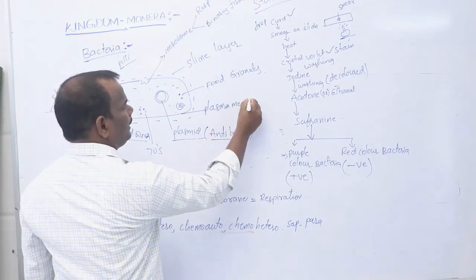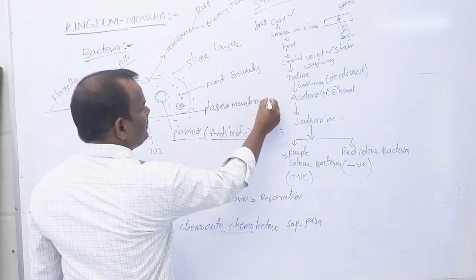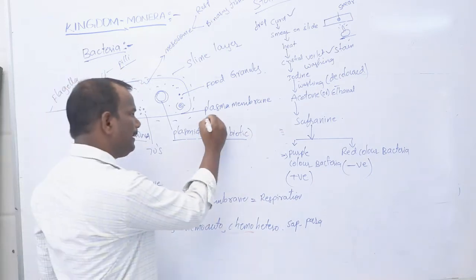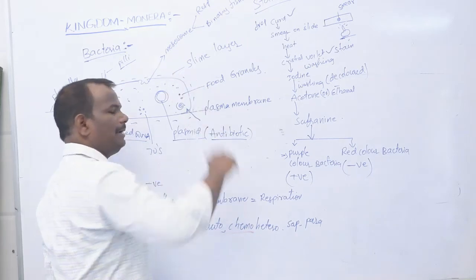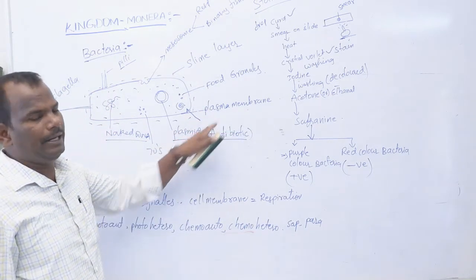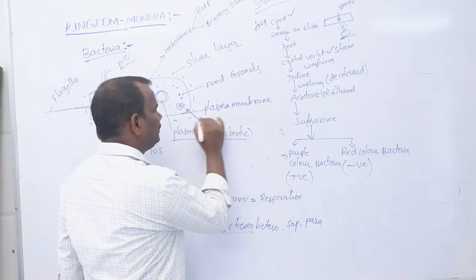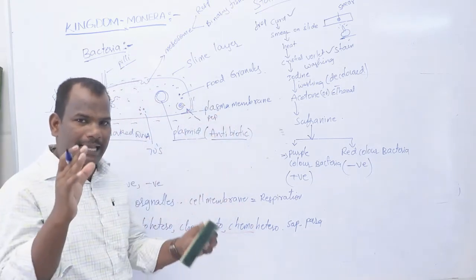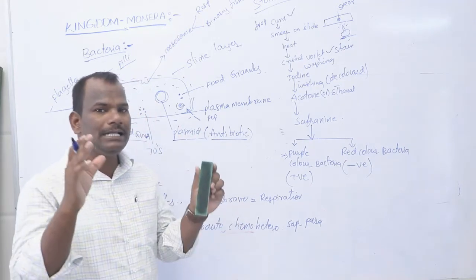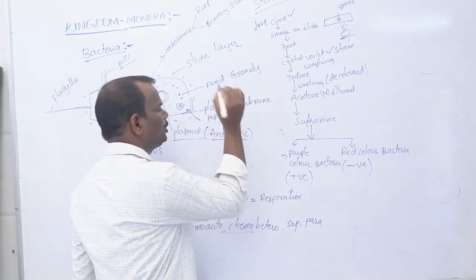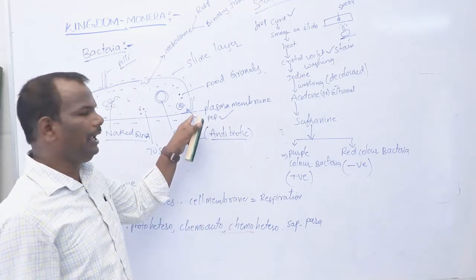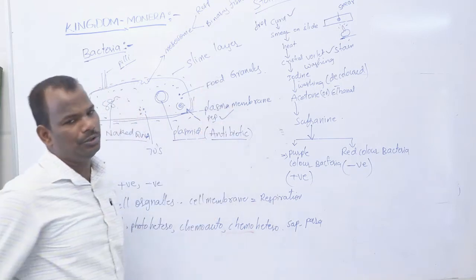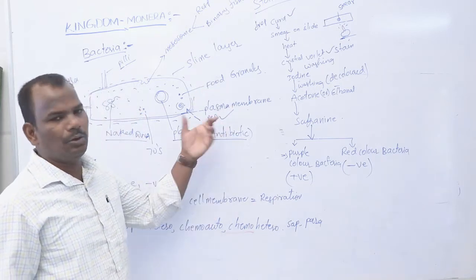Next is the plasma membrane. When we give a penicillin injection, the penicillin damages the cell wall, the peptidoglycan: the beta 1,4 glycosidic bonds are damaged. So when the cell wall is removed, the bacteria die.